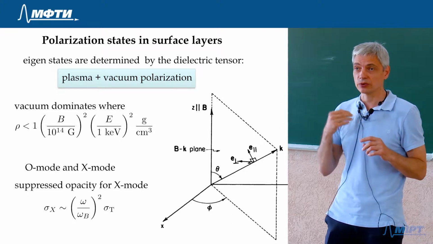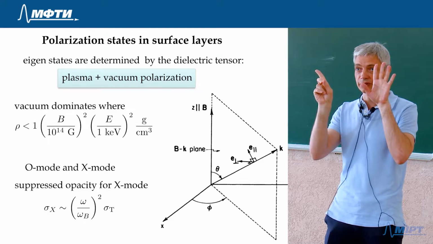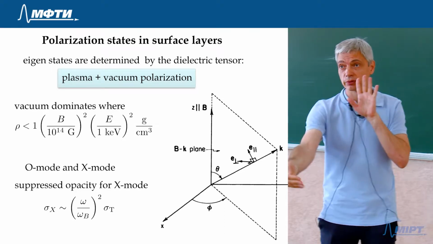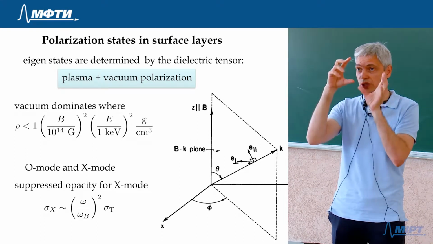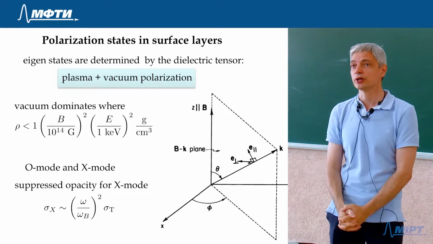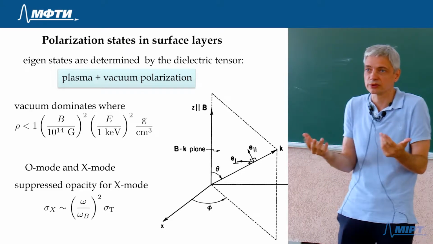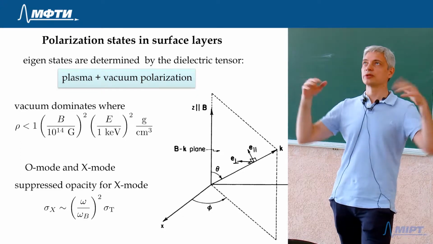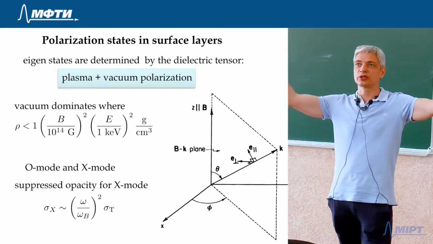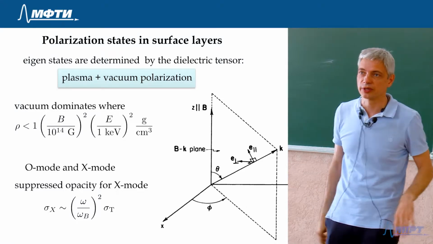So essentially, if you have a polarimeter, if you have eyes which are sensitive to only one mode, let's say X mode, you see deep into the star where it is hotter and the flux is brighter. If you switch glasses and you now see only the O mode, you see a shallow layer which has less flux. Another way to look at this: the star is trying to emit radiation. Of course, those photons that find it easier to escape will mostly carry the energy flux.